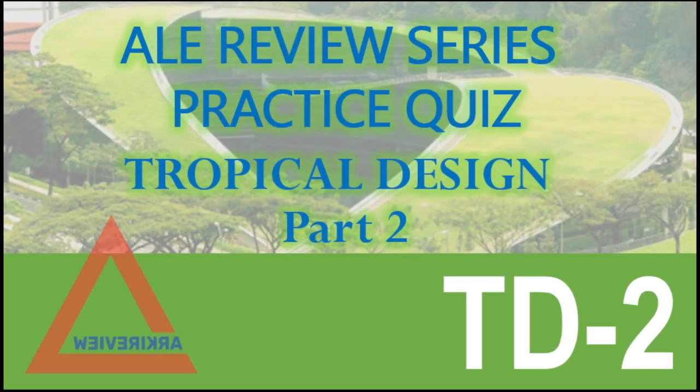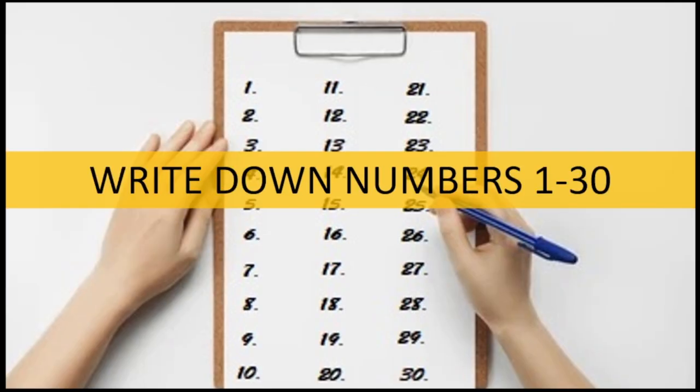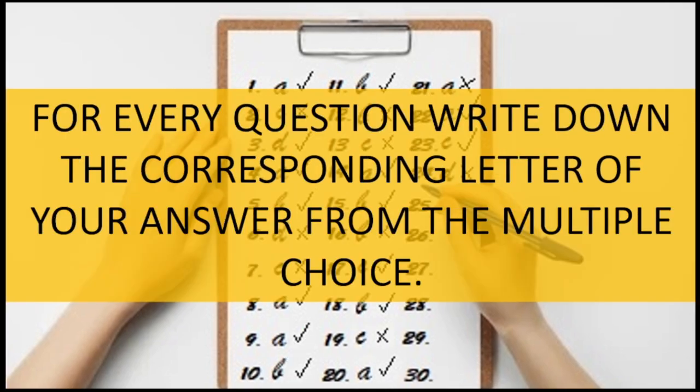So welcome back to our other review series practice quiz, and this is now part 2 of our tropical design and green architecture series. Instructions before proceeding with the quiz: it is best to get a piece of paper muna, cut lengthwise, and then write down numbers 1 to 30 so that when you are ready, you can now start with the quiz, and for every question, write down the corresponding letter of your best choice or answer from the multiple choice.